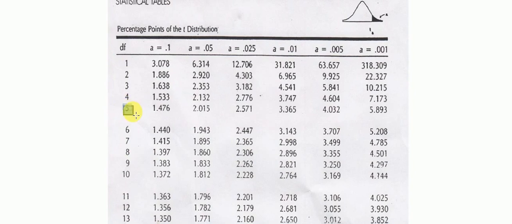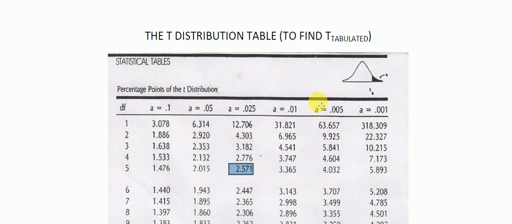So let's say we have 5, and then for alpha suppose we have the value 0.05, but since we are going to calculate T alpha by 2, so first we'll have to divide 0.05 by 2, so 0.05 divided by 2 is 0.025, so we'll have degree of freedom 5 and alpha 0.025, and the value that we are going to get of T alpha by 2 is 2.571, which is the place of intersection of both of them. So that's how we calculate T alpha by 2.